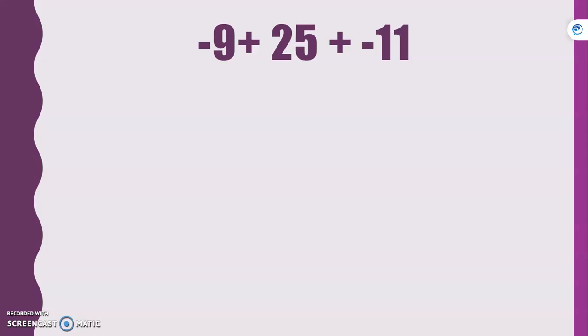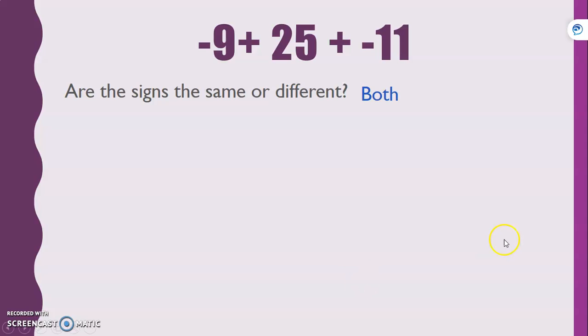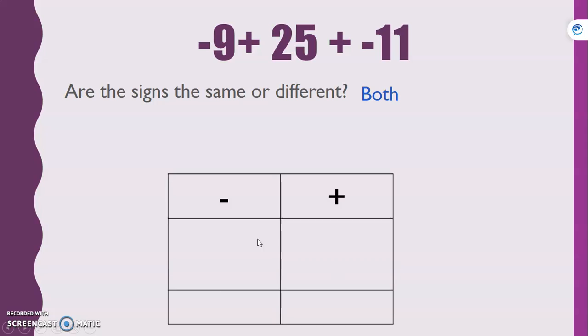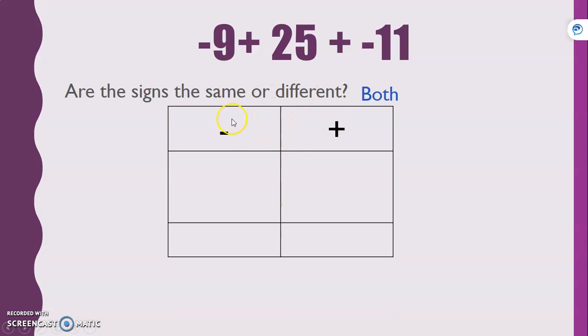Negative 9 plus 25 plus negative 11. Are the signs the same or different? Well, this time it's both, because negative 9 is the same sign as negative 11, but 25 and negative 9 have different signs. One's positive, one's negative. So for this, I like to use what we call a T-chart. I make a column for my negatives and a column for my positive numbers.